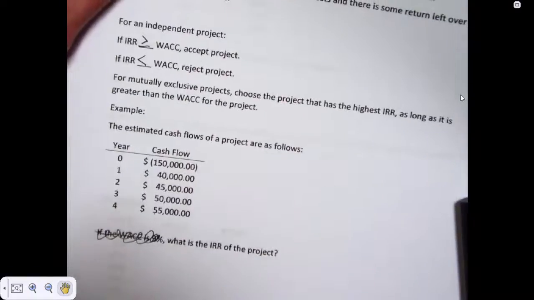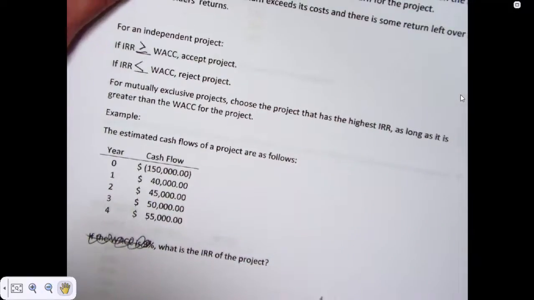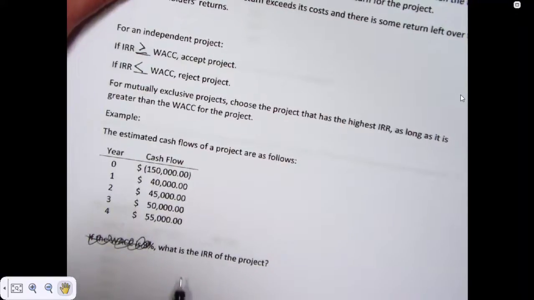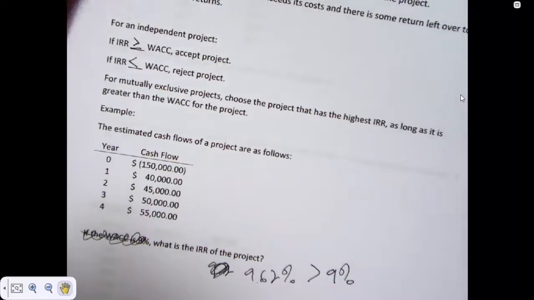I just copied and pasted that from the previous page and left it on there. It doesn't matter what the weighted average cost of capital is in this case. When we get to modified IRR, it will. What is the IRR of the project? 9.2, or excuse me, that's not right, 9.62%. It's greater than the weighted average cost of capital, our required rate of return, which is 9%, so we would accept that project using that information.